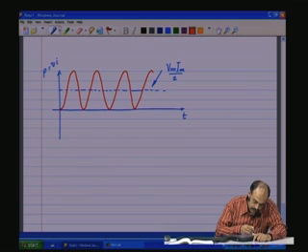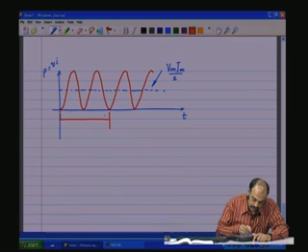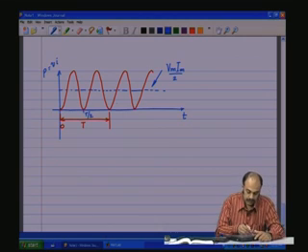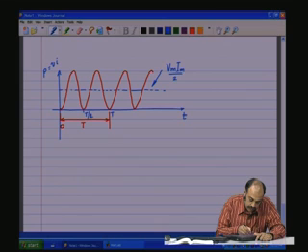If you take this point to this point, that would be t 0, this is t. So, this point would be t by 2 and that is point t.